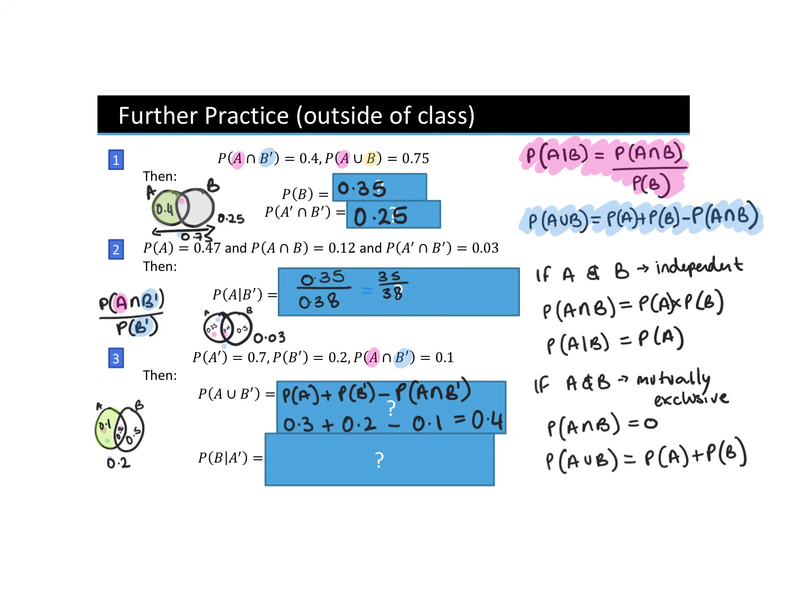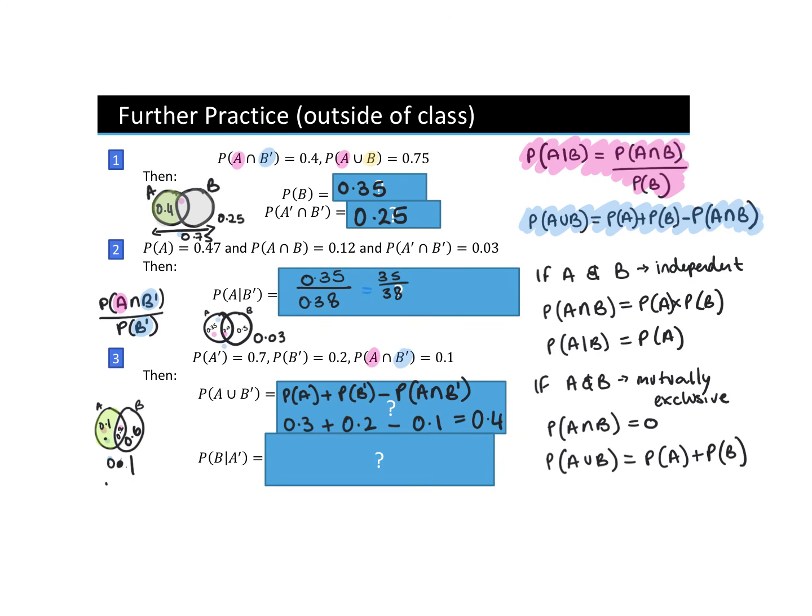So the probability is 0.1 because the probability of not B, which is here and here. So that means the probability of B, this is 0.6. Yeah, sorry, that makes sense because not B is 0.2. So B must be 0.8. And 0.2 plus 0.6 equals 0.8.